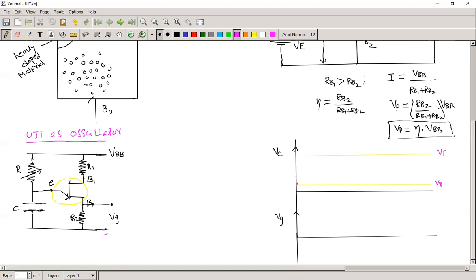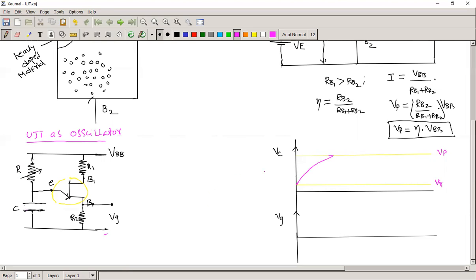This is the peak voltage. Already we have seen these two in the characteristics of the UJT. So from this voltage, the capacitor will be charged with a time constant of RC. By varying this R, we can change the time constant of this capacitor.